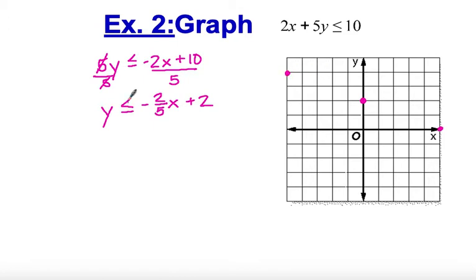Now this time, because this is a graph that's going to show less than or equal to, it's going to add that equality portion. So this time I'm going to graph a solid line. But because it's including all values less than this line, all y values less than this line, I'm going to look at my y-axis.